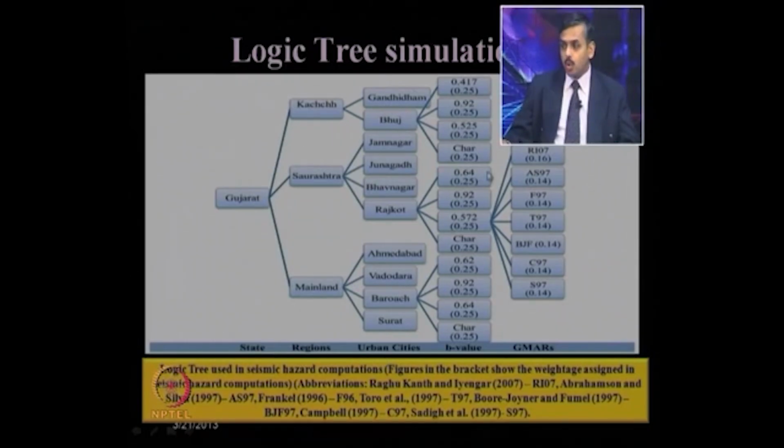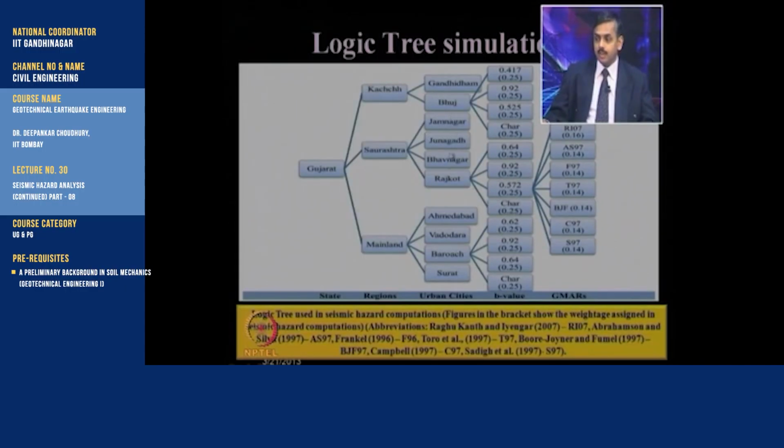Within the Kutch region, we have mentioned Gandhidham and Bhuj, and there were other cities also which we considered in our present study. Similarly, for Saurashtra and mainland Gujarat, these are the cities, and there were other cities as well.